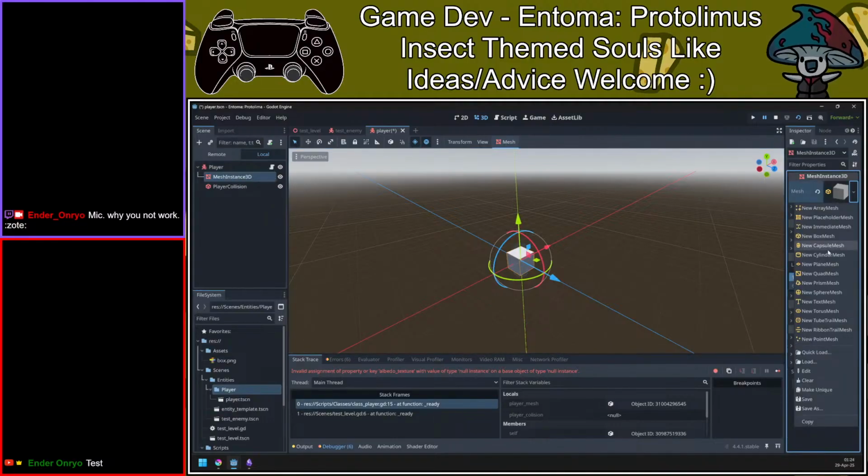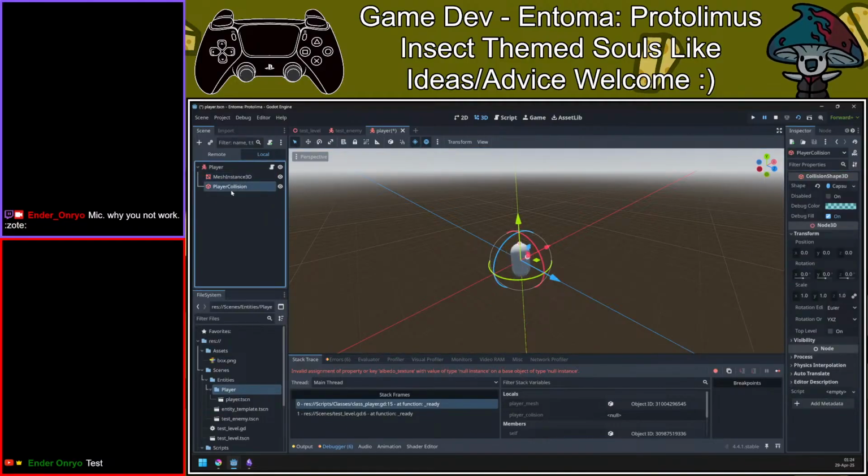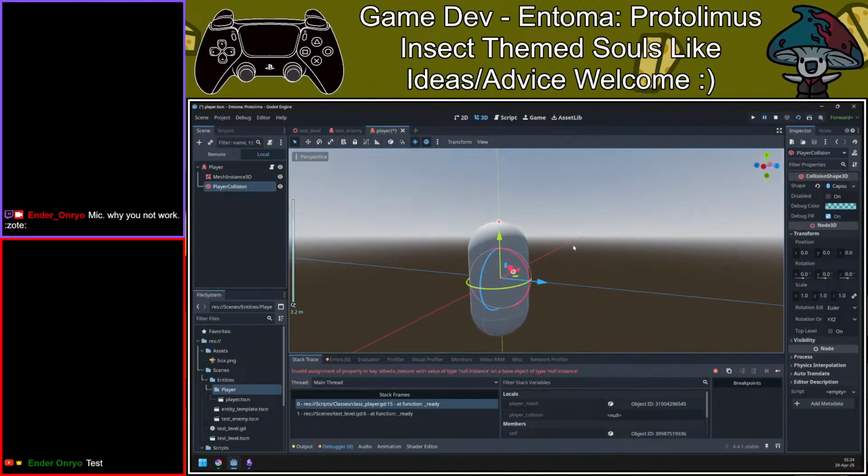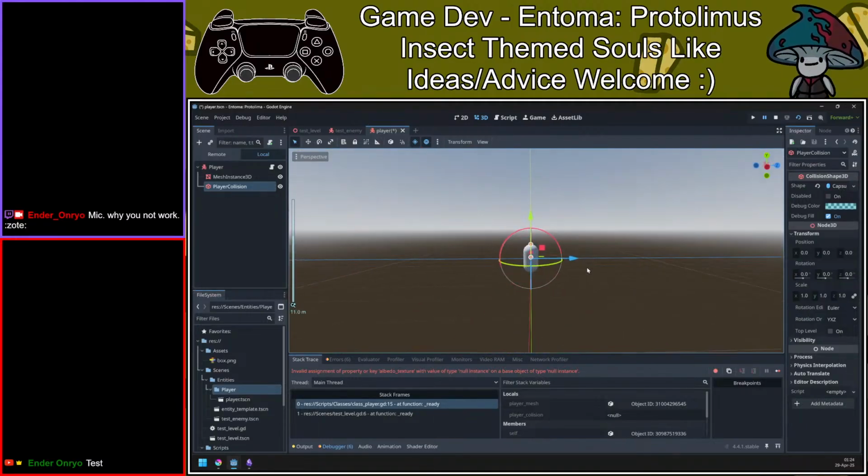Okay, let's go ahead and change this. Okay, so body and collision are both capsule.